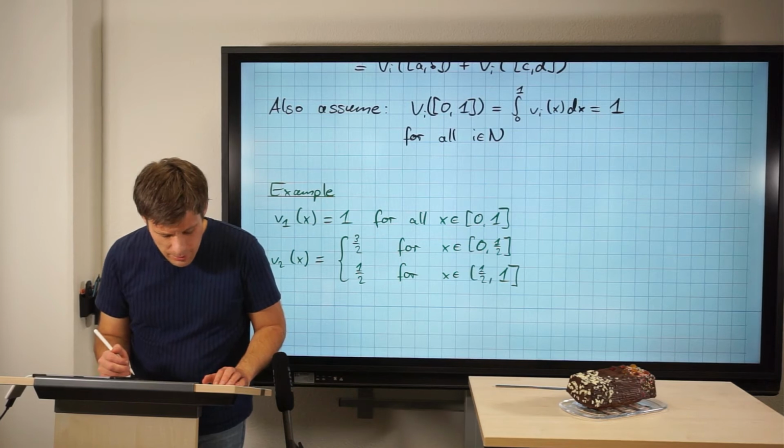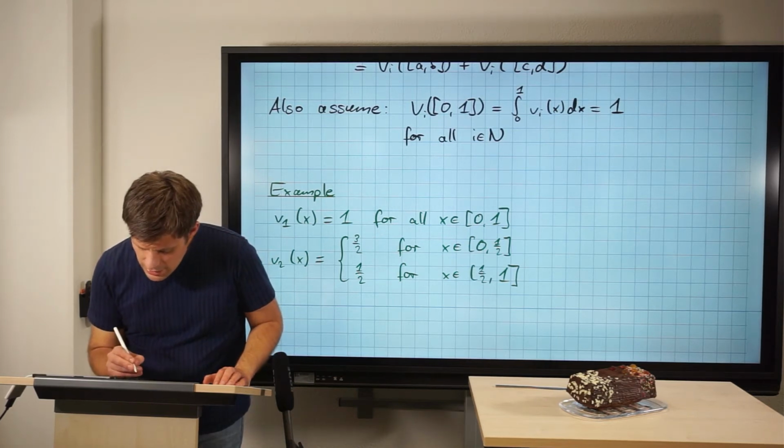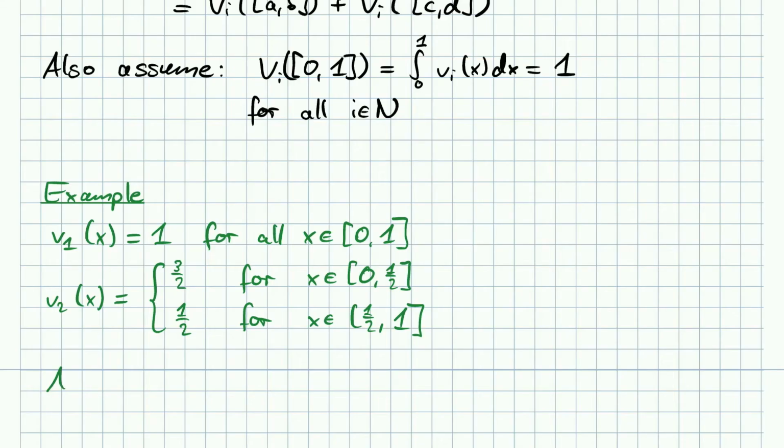For example, we could choose as an allocation that the first agent is getting the first half and the second agent is getting the second half.